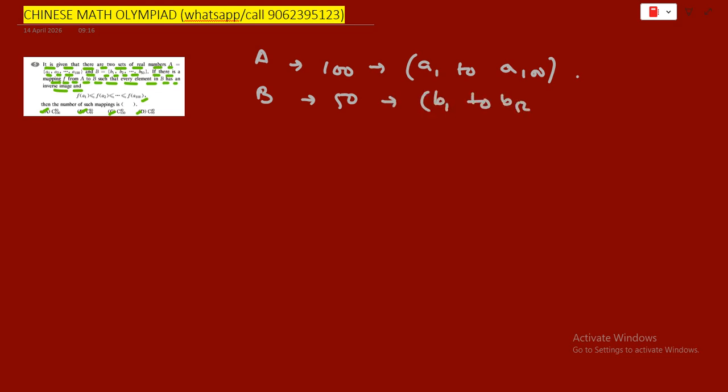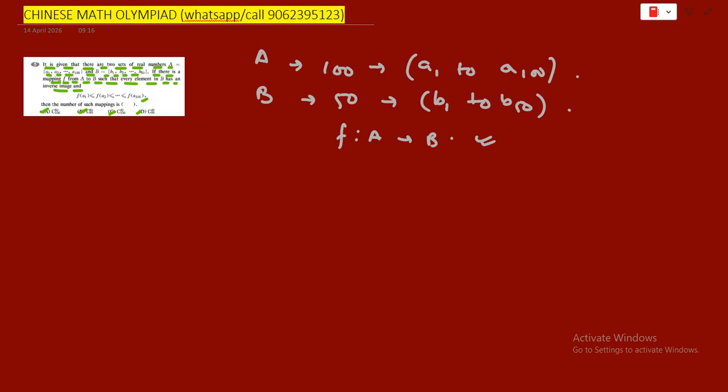Okay, so we have two sets, right? Set A has 100 elements, a1 to a100, and set B has 50 elements, b1 to b50, right? And we need a mapping, and there are two laws of the land here.